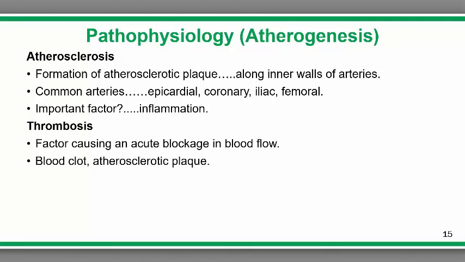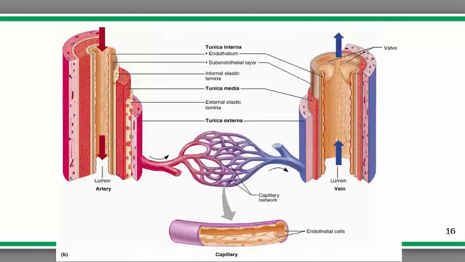But to gain a better idea eventually of these pathologies, we begin by taking a review of the basic structure of the two major blood vessels of the cardiovascular system, or the two general categories, and those are arteries and veins.